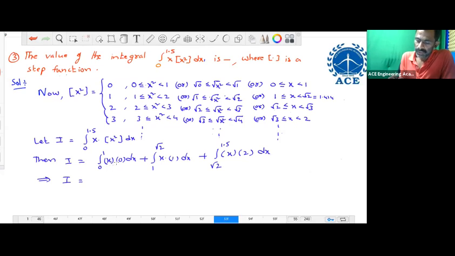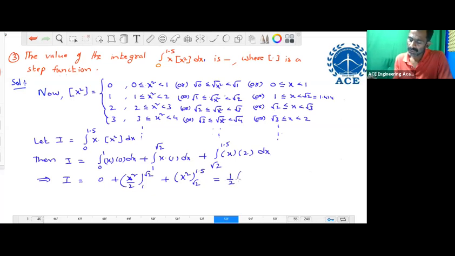Which implies I equals the integral of this is 0, plus x square by 2 from 1 to root 2, plus the integral of x, which is x square by 2; the 2 gets cancelled, so x square from root 2 to 1.5. For the upper limit, x square is root 2 square, which is 2, minus 1, by 2, plus 1.5 square minus root 2 square, that is 2.